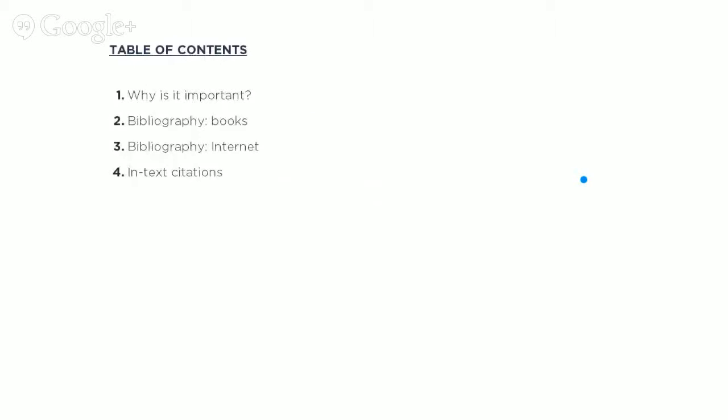Right, so the points that we will be covering here today: first we'll get into some basic notions of why it is important to use citations to list sources. We'll also get into some ideas for the bibliography in relation to books.